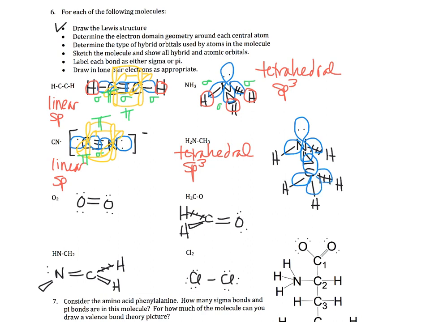Notice that this hybrid orbital here is housing a lone pair, and the rest of the hybrid orbitals are going to overlap with hydrogen 1s orbitals to form 1, 2, 3, 4, 5 sigma bonds.